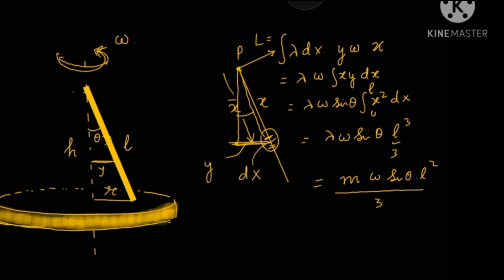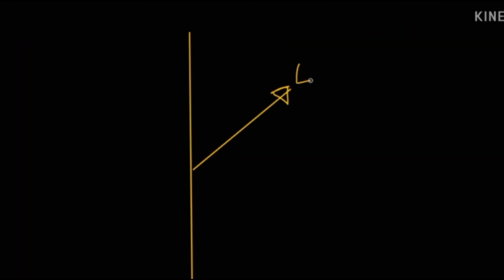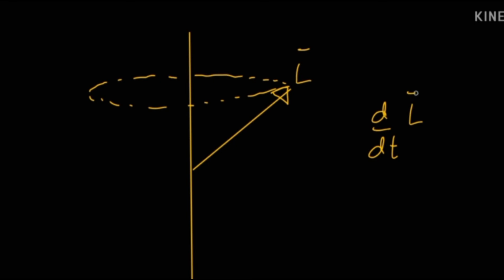Now as the rod rotates, this angular momentum vector will also rotate. It will rotate like this with angular speed omega, and the rate at which angular momentum changes, that is d by dt of angular momentum, is equal to torque. For that I am resolving this angular momentum into two components, Lx and Ly.